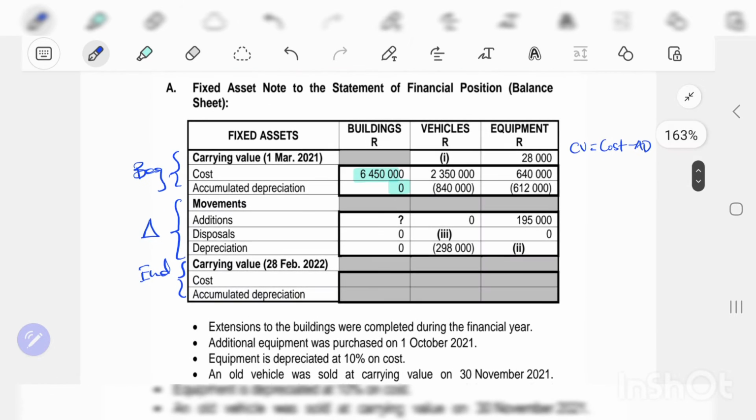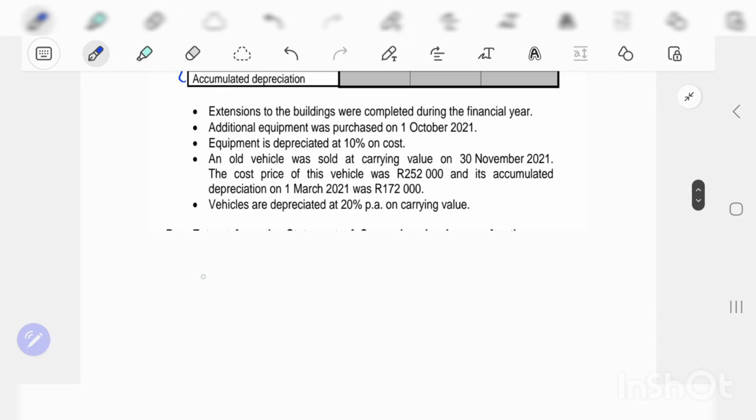So in this instance, we are going to say 2,350,000 minus 840,000. So let's write here: carrying value is equal to cost minus accumulated depreciation.